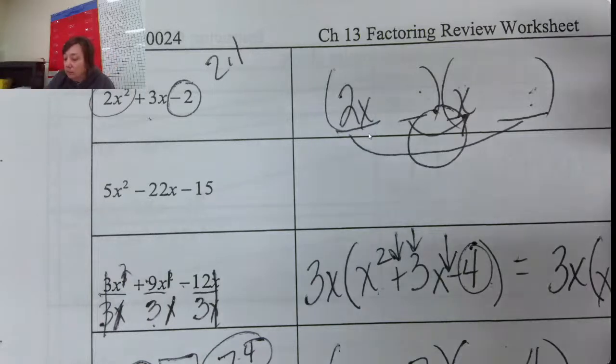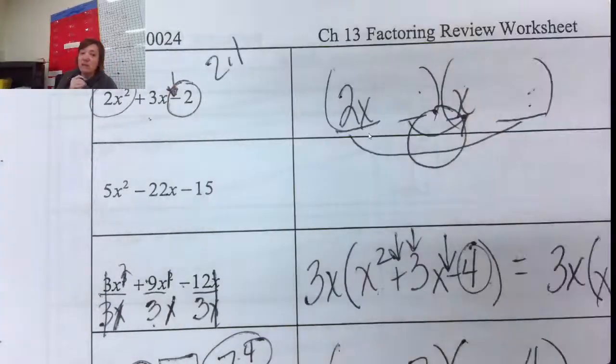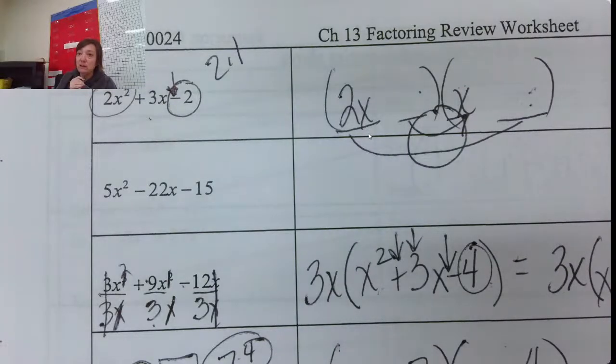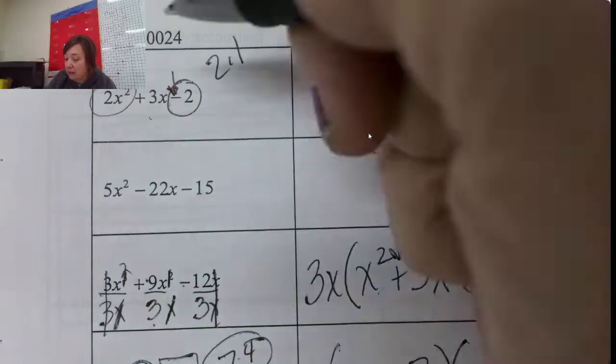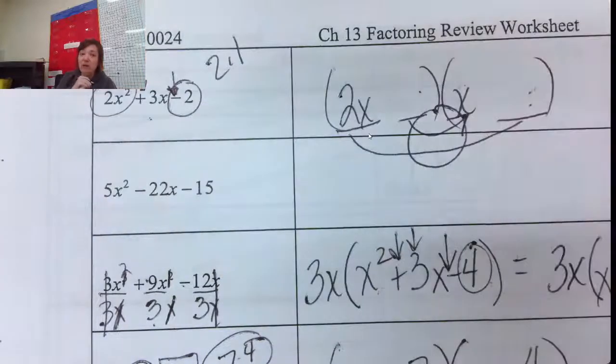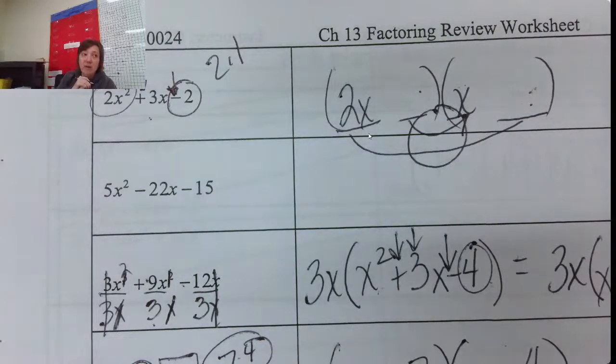Now, as a reminder, this sign tells you if your numbers are going to have the same sign or a different sign. That sign tells me they're going to have a different sign. That means one's a positive, one's a negative, right? This sign tells me that when I combine my outer and inner, I get a positive. That means my bigger number, after I multiplied, has to be a positive, right?